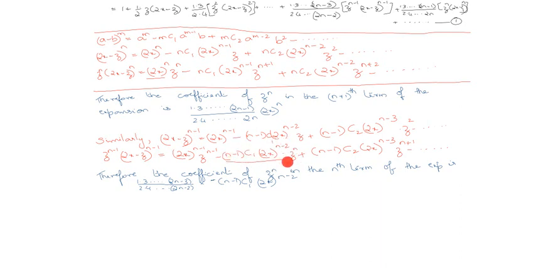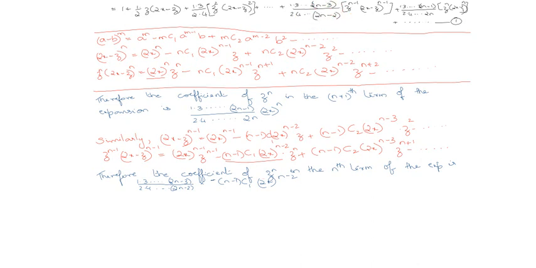So in this expression, the coefficient of z raised to n is minus n minus 1 c1 2x raised to n minus 2. And since we are considering the nth term, we need to consider the coefficient of z raised to n here.